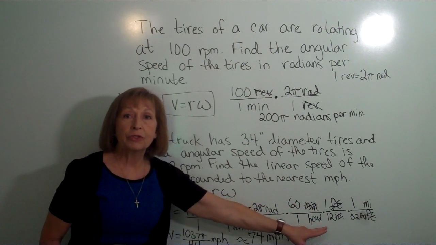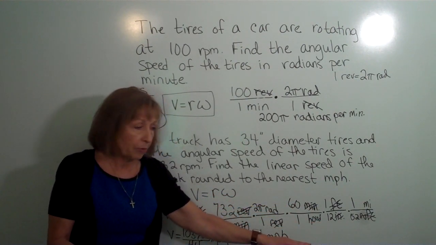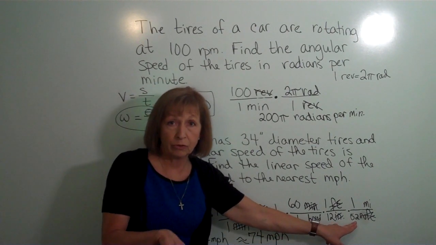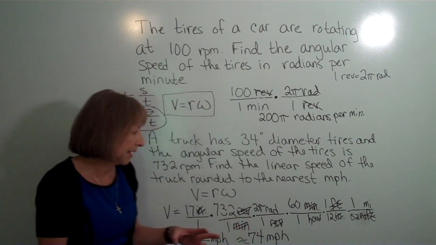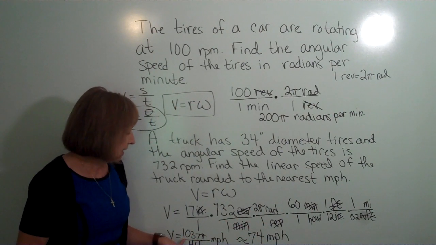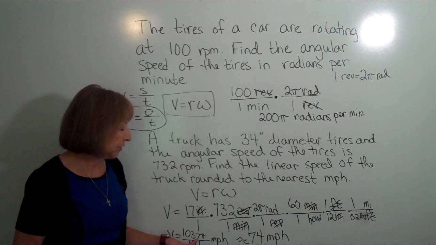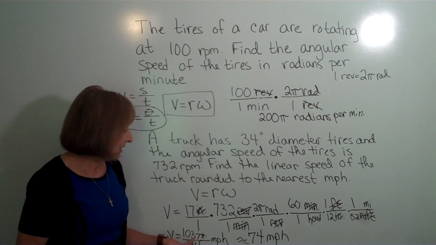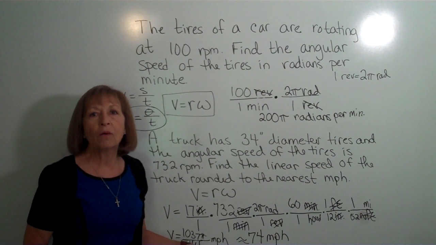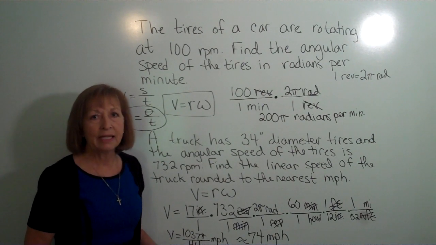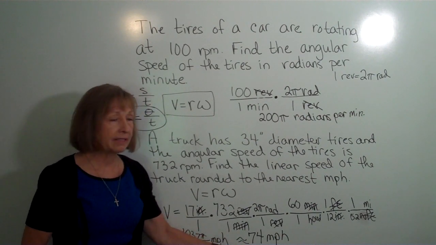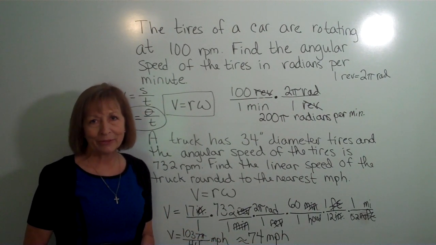Don't forget when you're doing your division to open parentheses to do the 12 times the 5,280 close parentheses to make sure you divide by that entire quantity. Our exact value here is our linear speed is 1,037 pi divided by 44 miles per hour. And then when we go ahead and calculate that out, it rounds to the nearest mile per hour of 74 miles per hour.